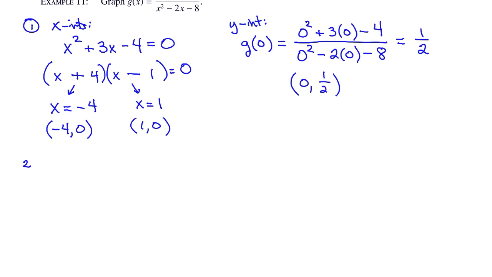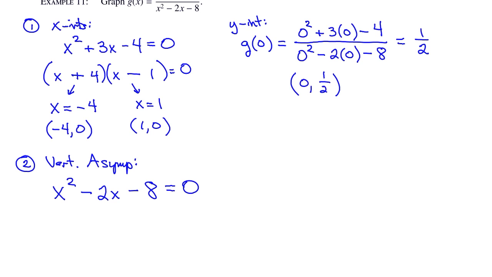Next step, let's find the vertical asymptotes. To find the vertical asymptotes, set the denominator equal to 0. Again, you have a quadratic, so you have to factor or use the quadratic formula. This one factors.